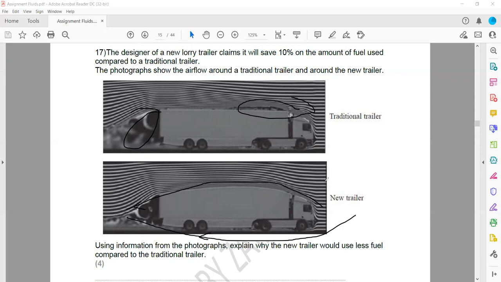The body is more streamlined, so it will have less air resistance or drag force. So it will experience less air resistance.